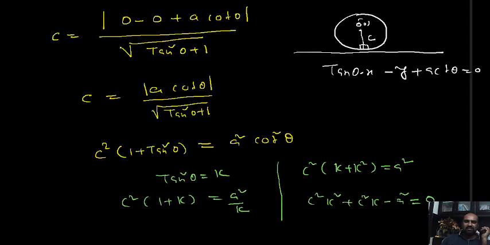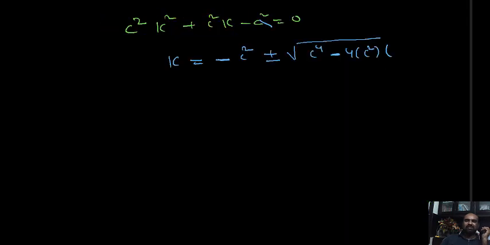I think that is correct. So I will write a square. Okay, so k equals minus c square. Here I can't take the negative sign. If you take the negative sign, c square is non-negative, so the total is negative and k is negative, but k is tan square theta. Tan square theta is 0 or greater than 0. That's why I can't take the negative here. I will take plus.